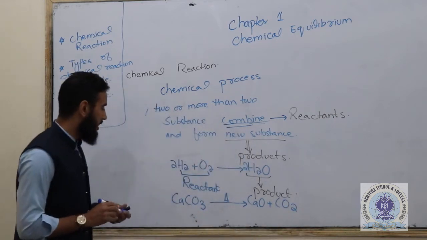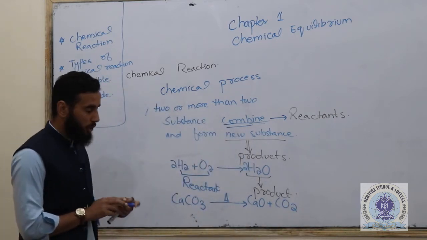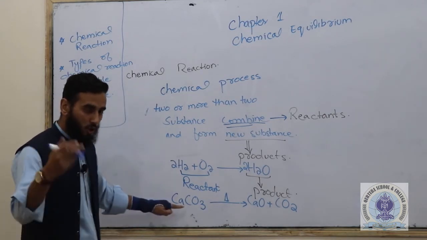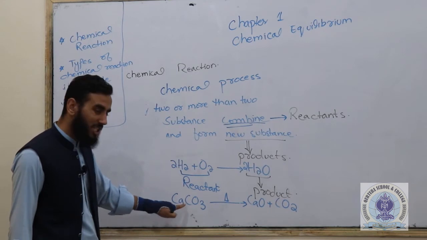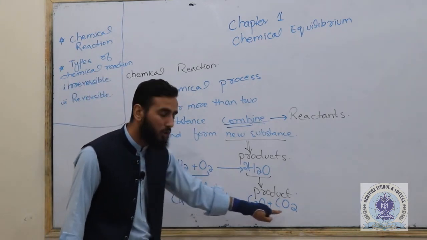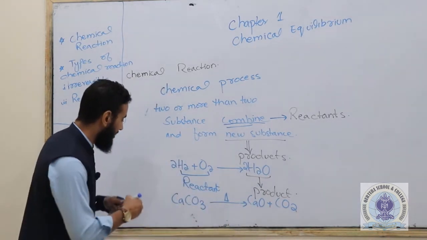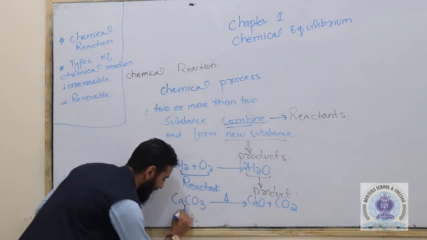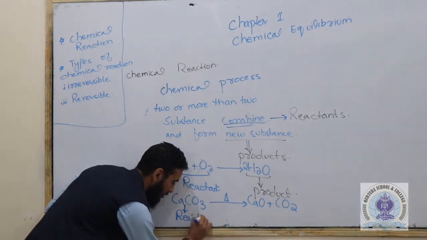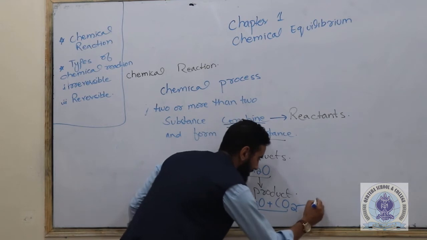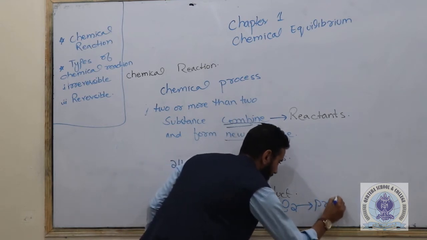So dear students, as I told you, a chemical reaction can also be defined as a chemical process in which one substance might decompose and form two new substances. Here, the substance which was decomposed is the reactant, while the resultant substance is called a product.